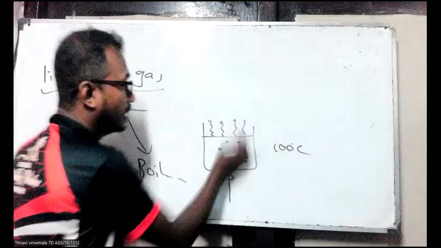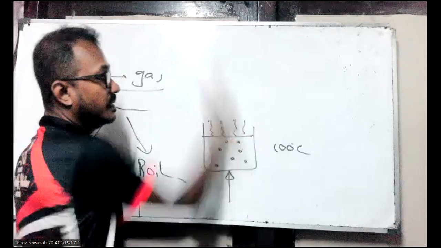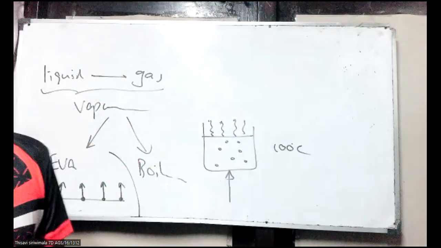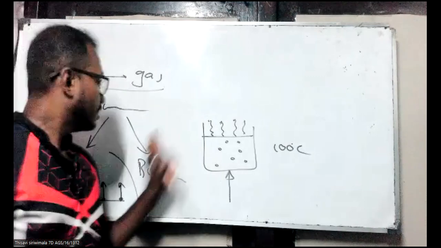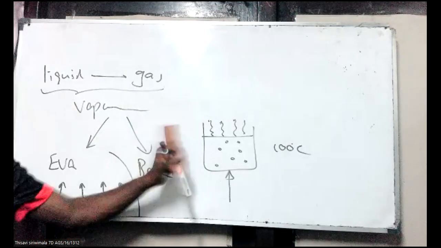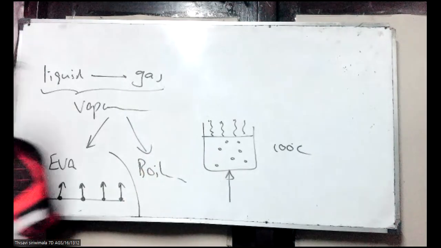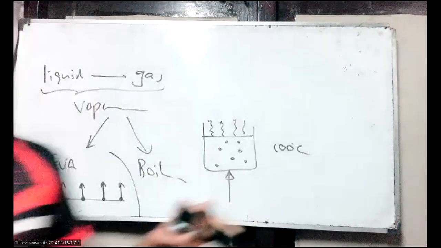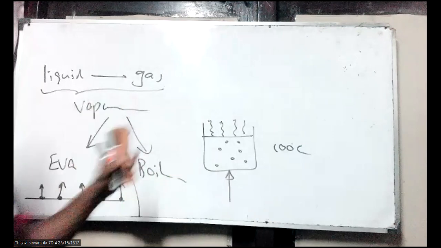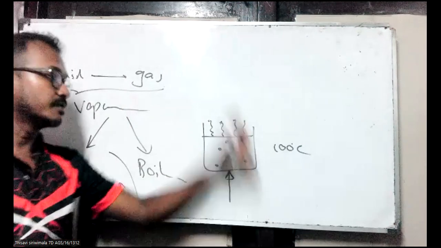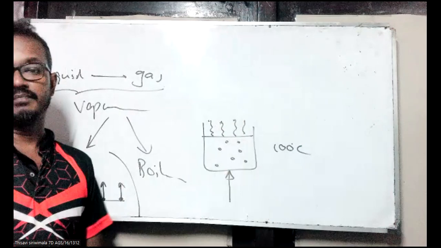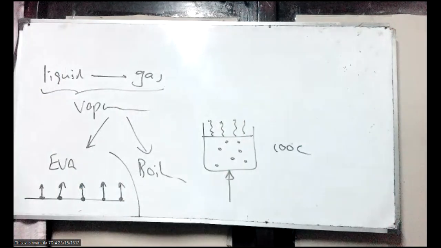When the bubble comes up, it breaks and the vapor is given out. Take an example, boiling of water. We have to supply heat energy externally until it reaches the boiling point. Then only the boiling will take place.